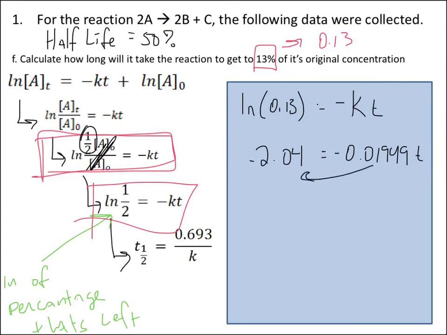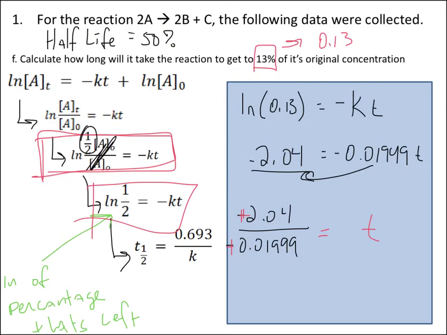So take this and move it down, right? And so I end up with negative 2.04 divided by negative 0.01999. And this is what we were talking about in the last slide, that these negatives just cancel out, right? So they both end up being positives, and that's going to equal whatever time.